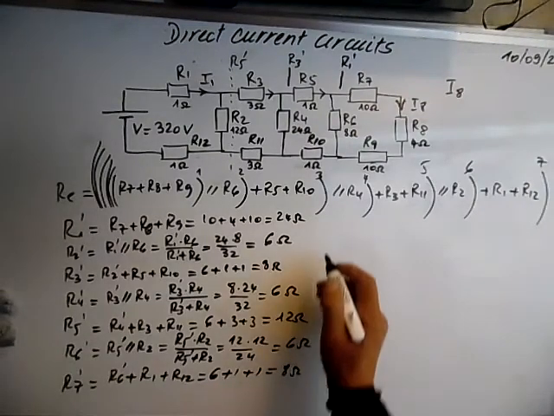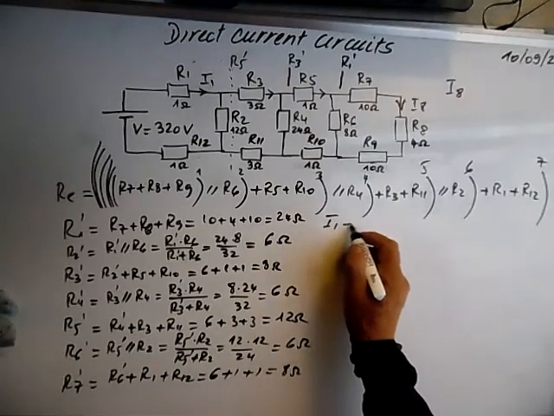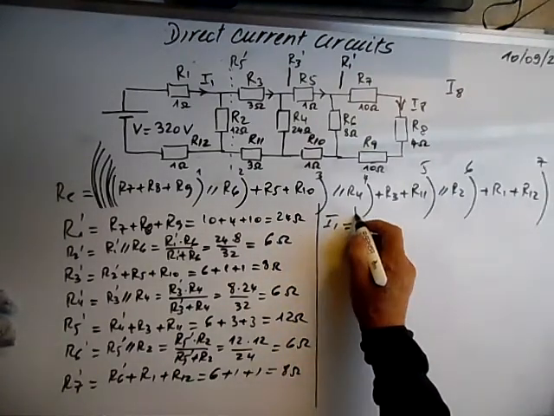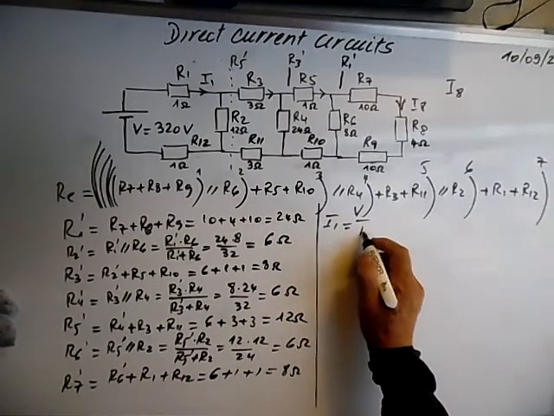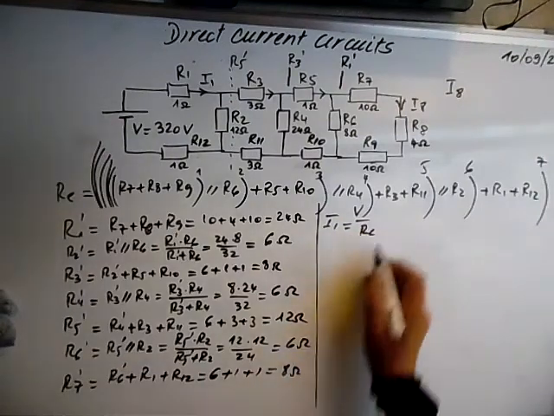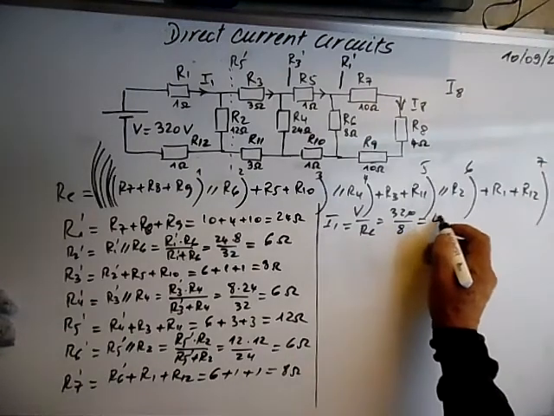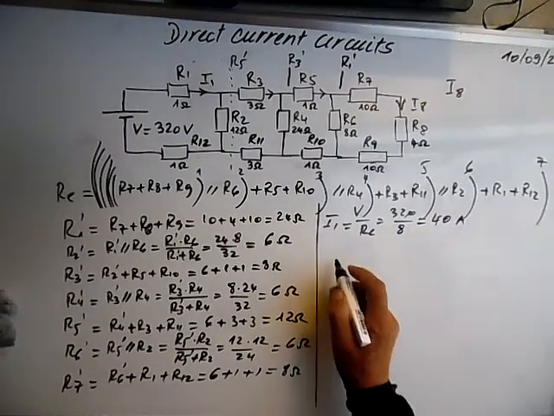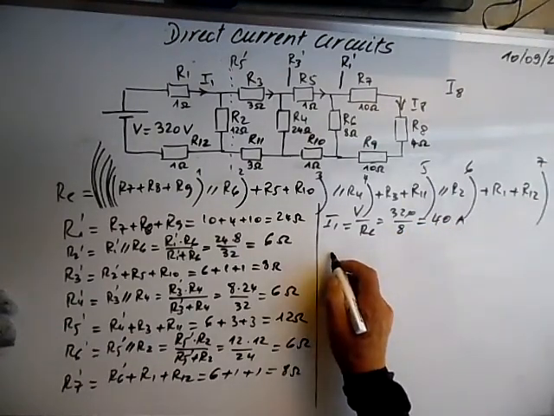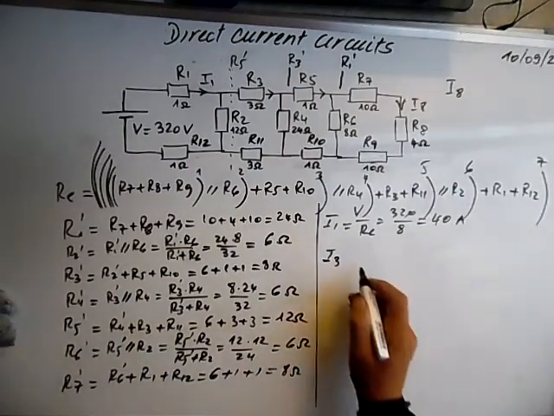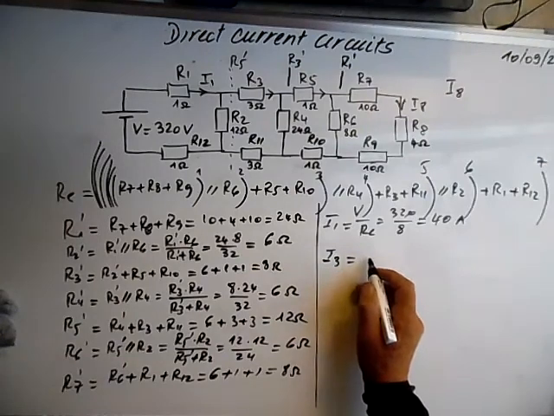From this we can calculate I1. This is V over the equivalent resistance, which is 8, this is 320 over 8, and it's 40 amps. From this we can calculate I3. We need I3 and I2.